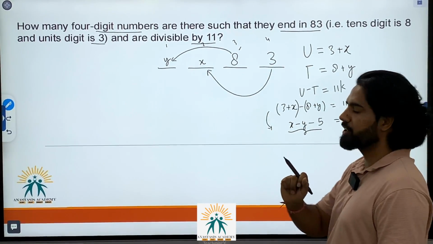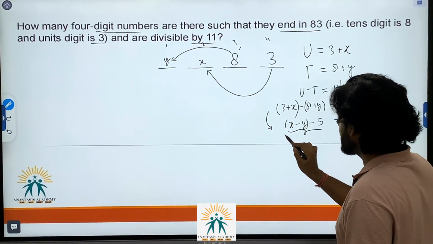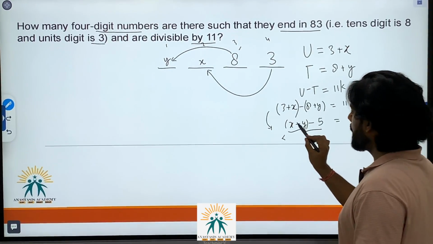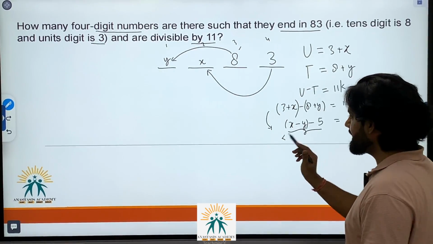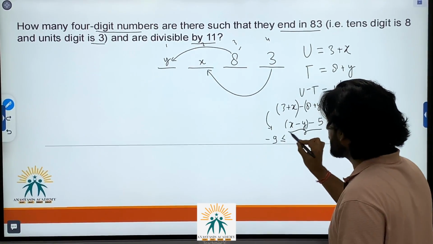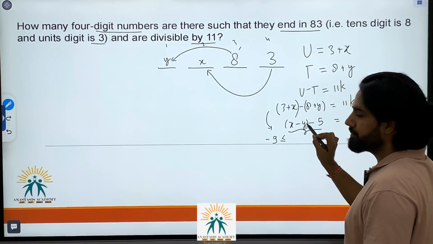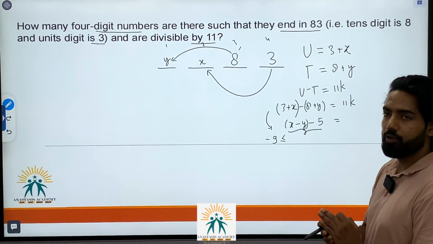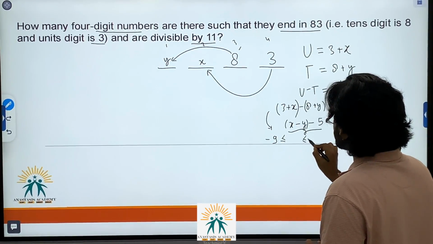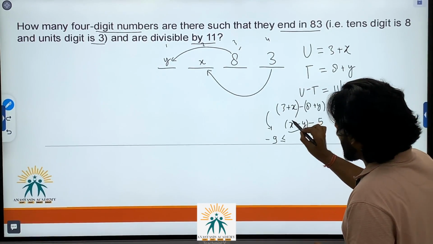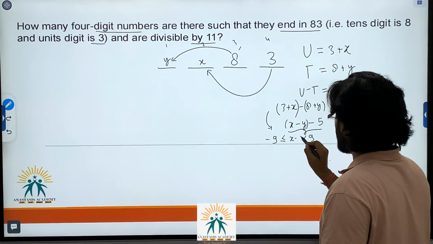So the range of this term, x minus y: the lowest value this expression x minus y can take is minus 9, because when x is 0 and y is 9, y maximum can be 9 and x minimum can be 0. The maximum of this term would be when x is 9 and y is 0, so it would be plus 9, right?